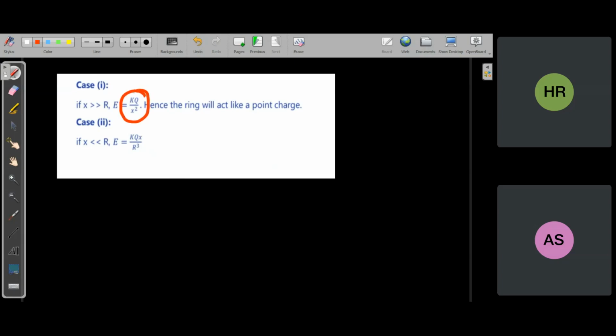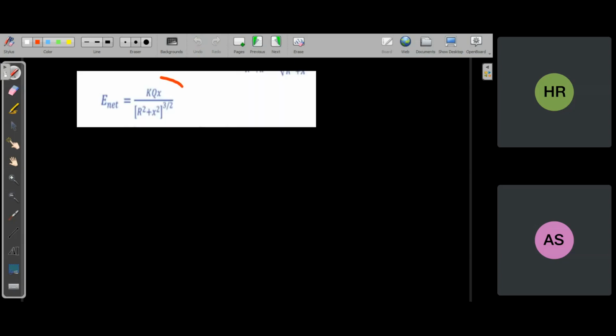If you don't want to do this, then directly in this equation you can apply the approximation that x is very, very less than r. For that you can take x square common in the denominator, and then you can convert it into a binomial.